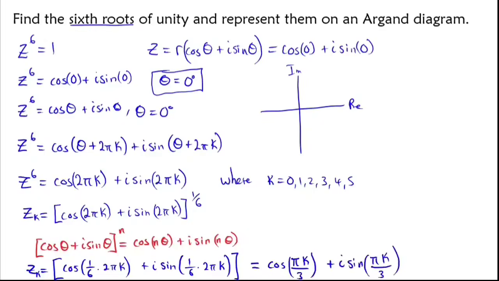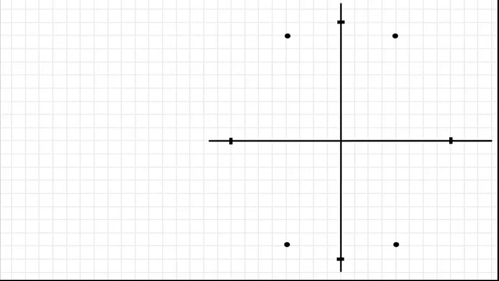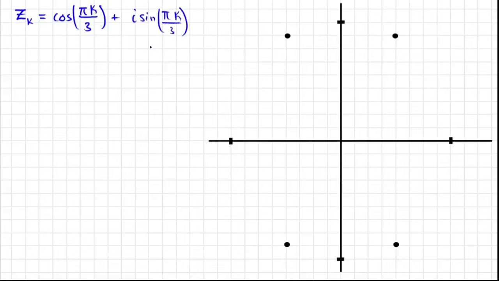Alright, so now, how do we proceed from here? To start with, what we have as z_k is cos pi k divided by 3 plus i sine pi k divided by 3. But remember, we know what k is. k is 0, 1, 2, 3, 4, 5. So now I can go ahead and start replacing that.